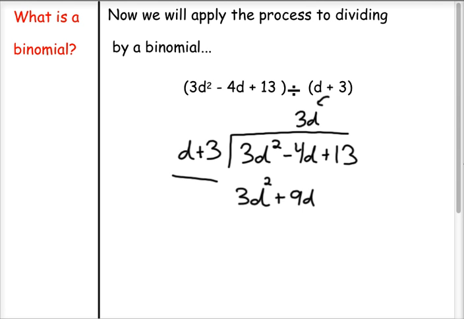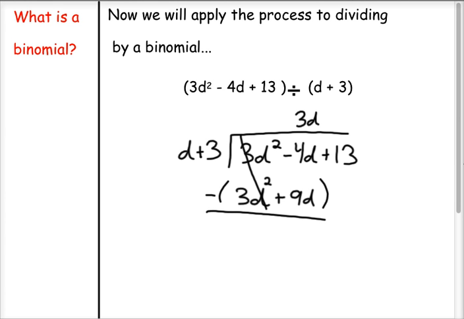The reason I'm doing that is because I want to see how close I am getting. After I do that, just like before when we would subtract off to see how close we got, that's what we're doing now. And the important thing, why did I want to get 3d squared? Because each time I do this, I want to eliminate one of those terms.